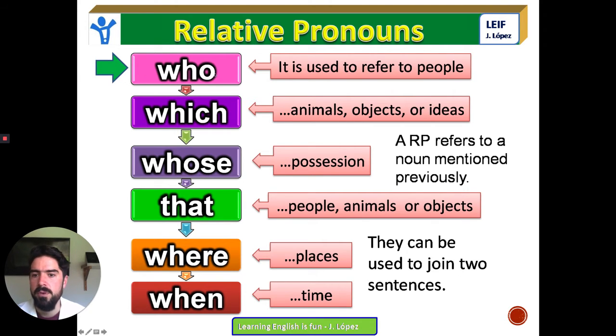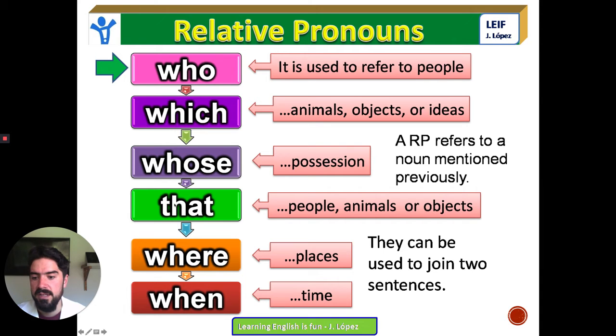Look, for example, who is used to refer to people, which refers to animals, objects, or ideas. Whose refers to possession, okay? That something belongs to someone or something else. That refers to people, animals, or objects.